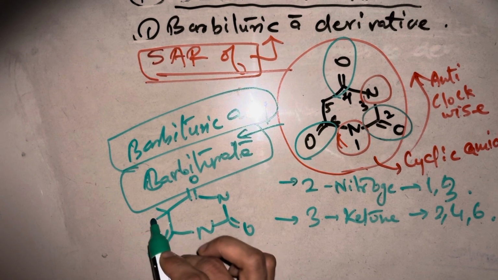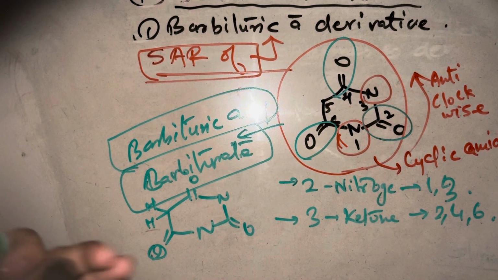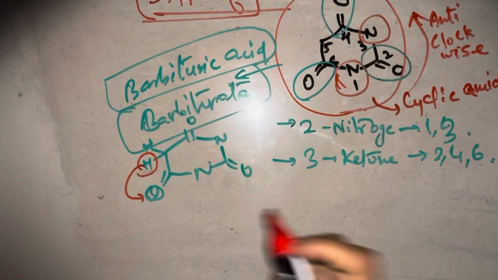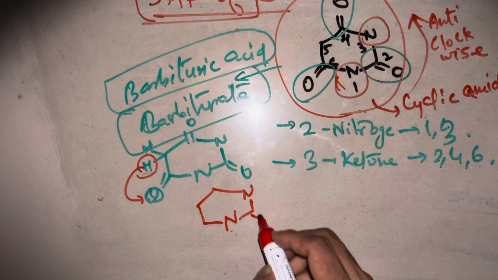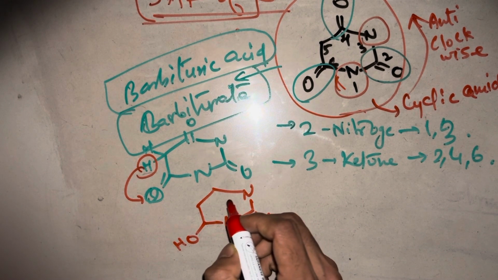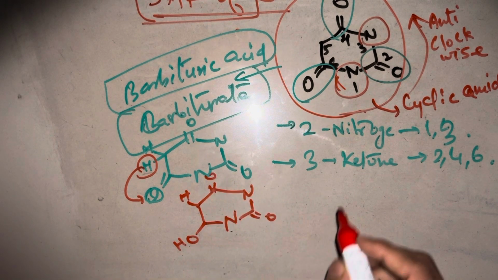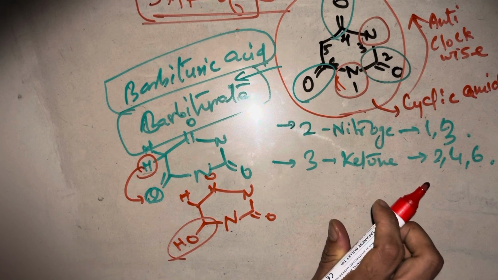Here two hydrogens are there, yes or no? From this, rearrangement will take place and one hydrogen will go there. So ultimately the final structure will be like this, and here one hydrogen will be there and the remaining like this. So because of this, it is called barbituric acid.